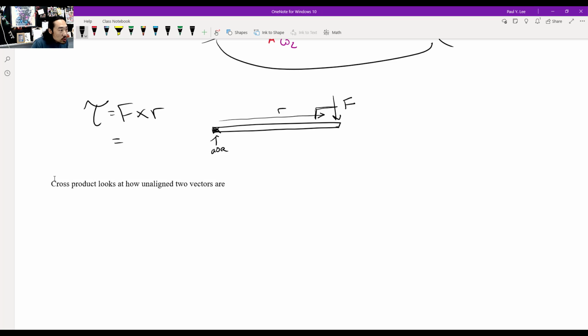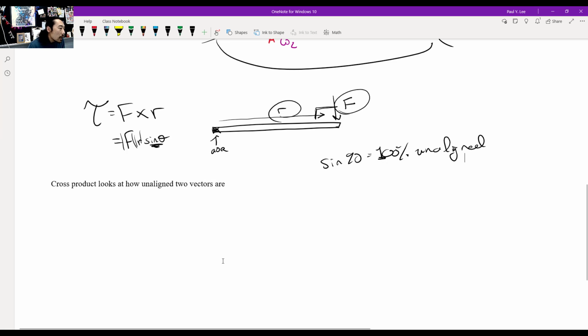And the way that we describe this in terms of formula, we said it's F r, of course absolute values, sine of theta. The reason why we use sine theta is that sine of 90 degrees just gives us 1, 100%. So what this means is that your F and your r are 100% unaligned, which results in maximum torque.